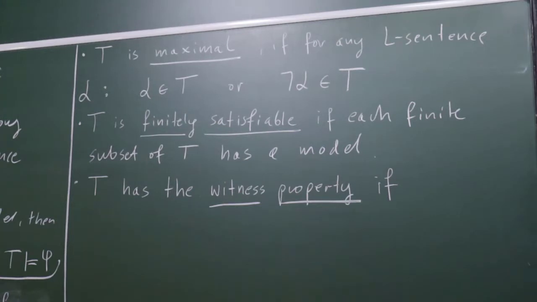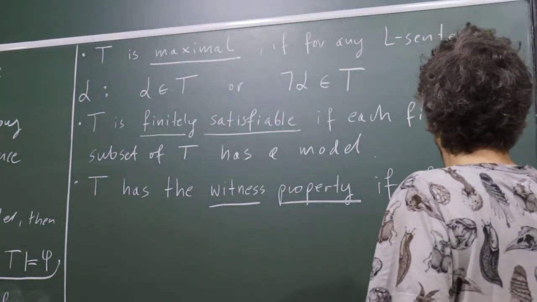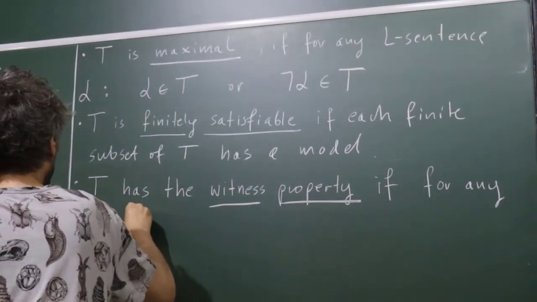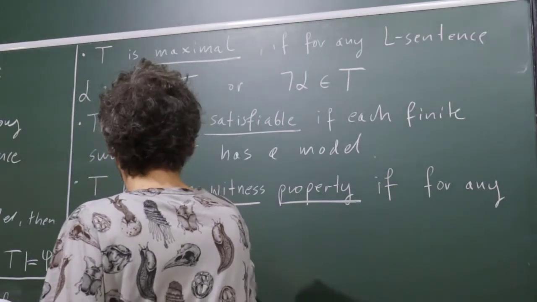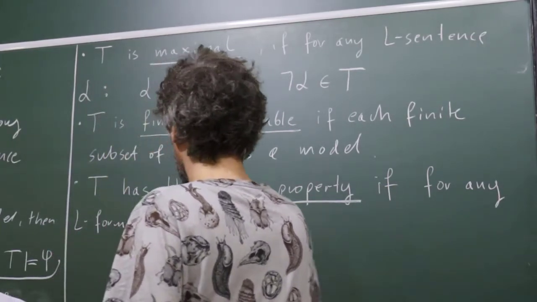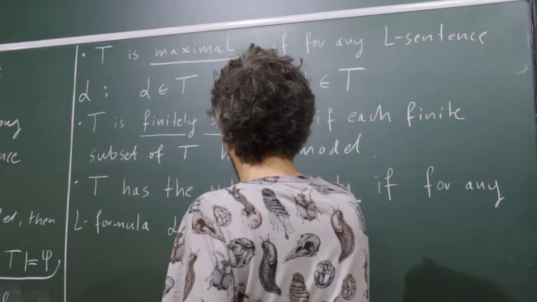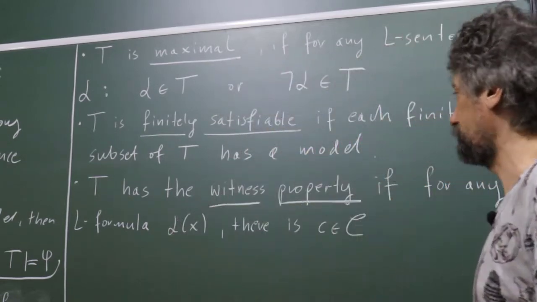So if for any L formula alpha(x) with one free variable, there is a constant symbol c such that, if the sentence exists x alpha(x) is in T, then alpha(c) is in T. It's very unnatural.